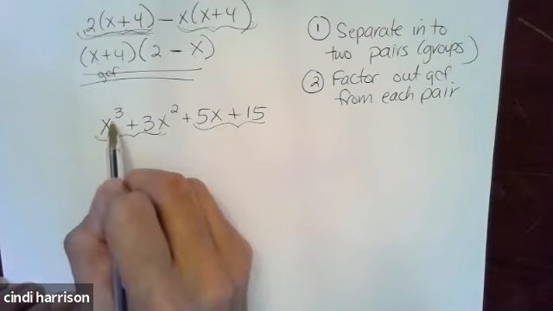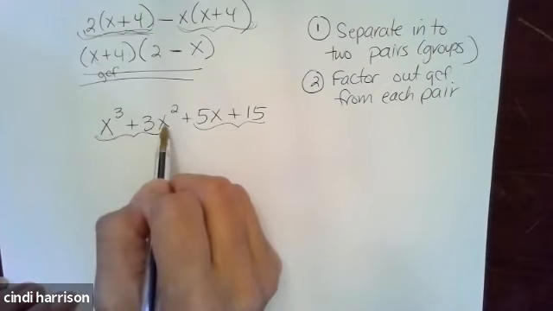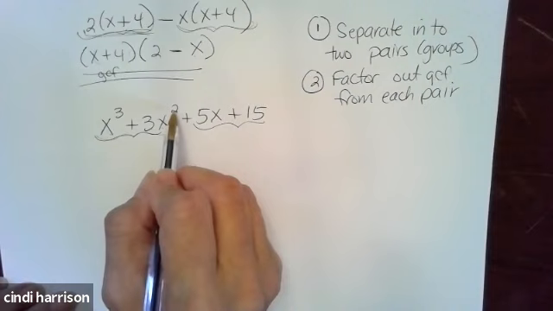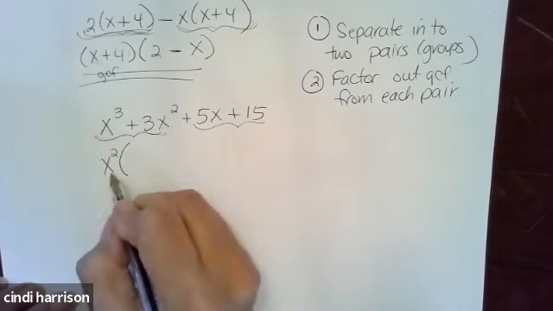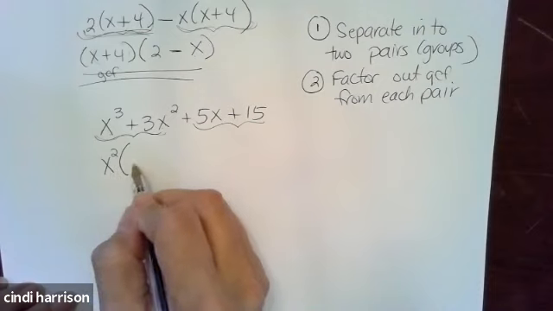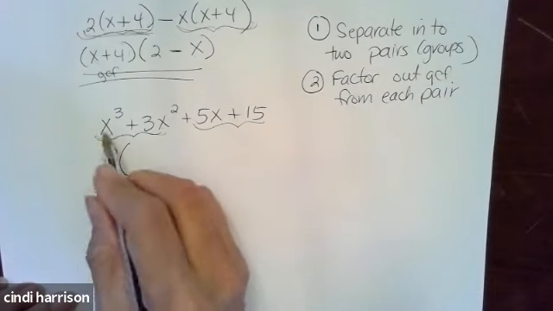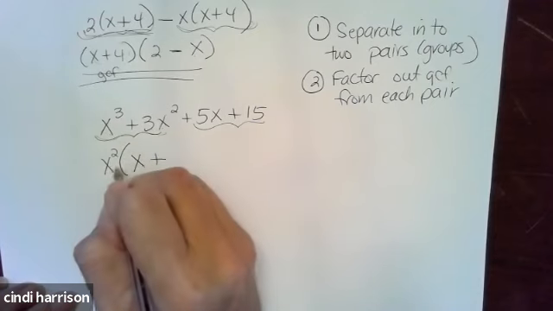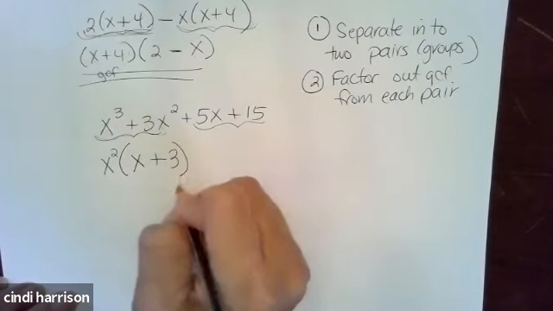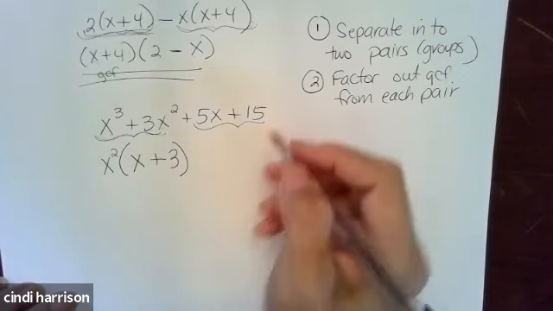So for these two, and I just kind of make this squiggly mark to remind myself that this is my pair. So they both have x's, but how many do we need? Remember, you always take the smallest, so x squared. And then if I want to figure out what this would be, x squared times what is x cubed? Well, that would be x to the first, plus x squared times 3 would give us the 3x squared.